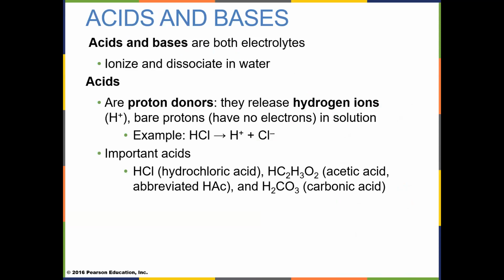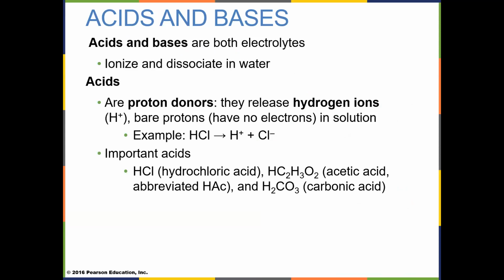Another part of the inorganic makeup are the acids and the bases. Acetic acid is an acid. Hydrochloric acid is an acid. We have hydrochloric acid in our stomach to help start breaking down proteins. Hydrochloric acid will dissociate into hydrogen ions and chlorine ions.